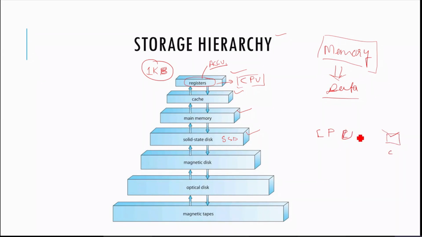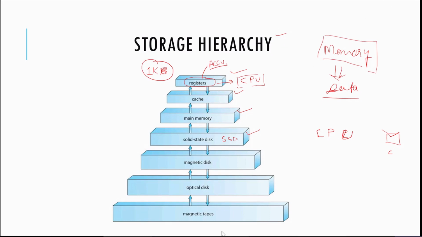For accessing memory, the CPU takes time. In that sense, the register is the memory from which the CPU can access information very fast.